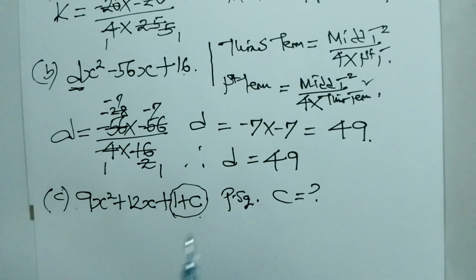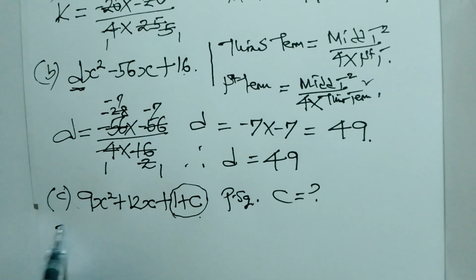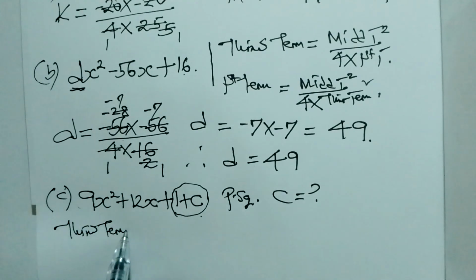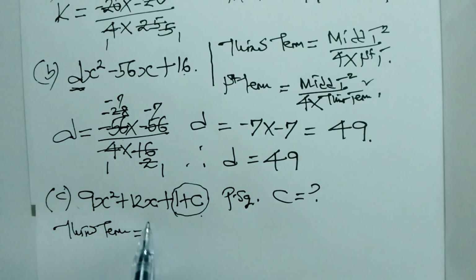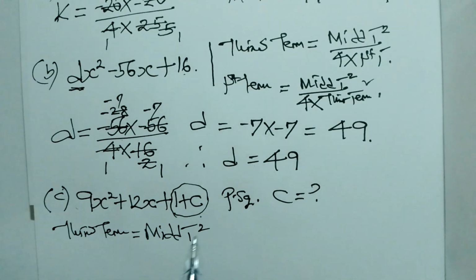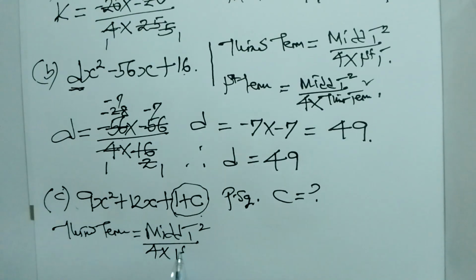And to get the third term, as we have said on top, the third term will be given by the middle term squared over 4 times the first term.